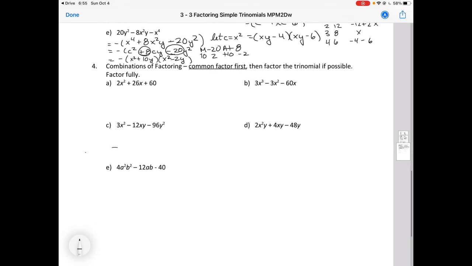The next part here, number 4, gives you examples of some combinations of factoring, where you have to common factor first and then try to factor the trinomial if possible. So here I would factor out a 2, which would leave me with x squared plus 13x plus 30. And then I can further factor this into x plus 10 and x plus 3.